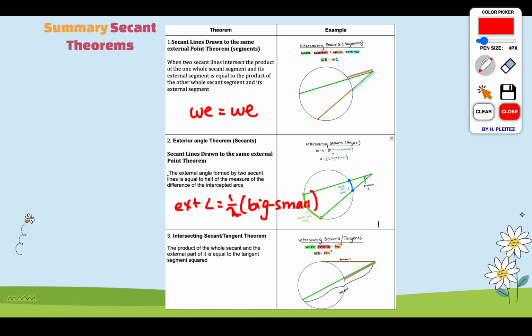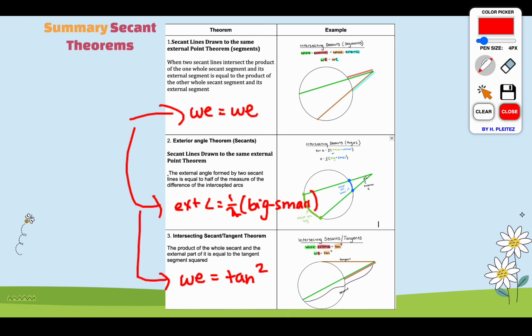And then last but not least, that last formula, when we have a secant and tangent, is WE equals tan squared. Okay, so make sure you know these 3 formulas. You're not going to get them on your reference sheet, but there are easy ways to remember them. WE equals tan squared, and then this exterior angle formula is going to apply for every single lesson, so we'll get better with it with practice.